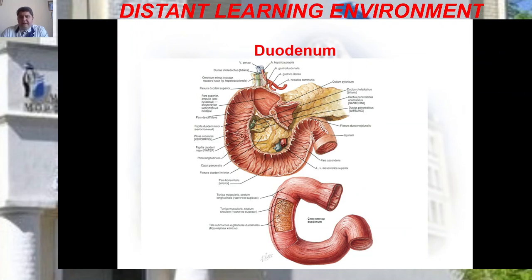But also you can see that it has openings of the pancreas and liver here, and you may see the Vater papilla here with openings of the choledochal and pancreatic ducts. So the enzymes from the pancreas pass to the duodenum, and bile passes to the duodenum from the liver via the choledochal duct.